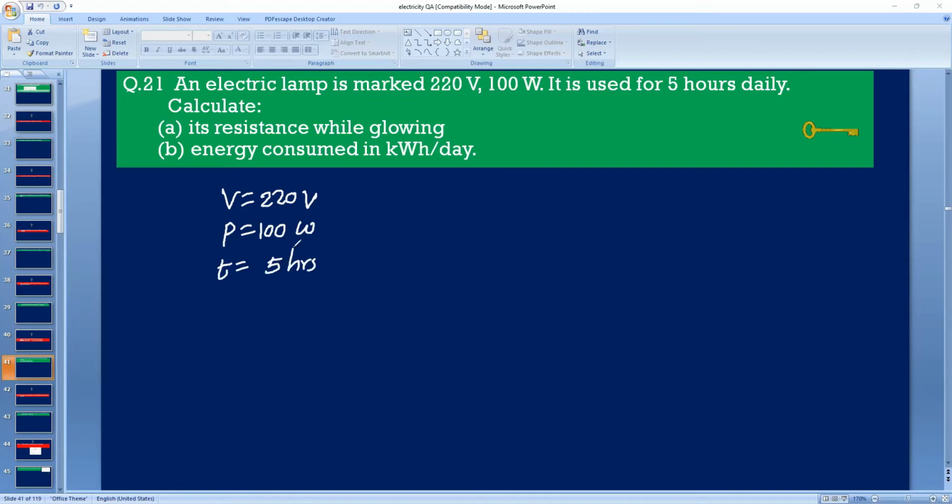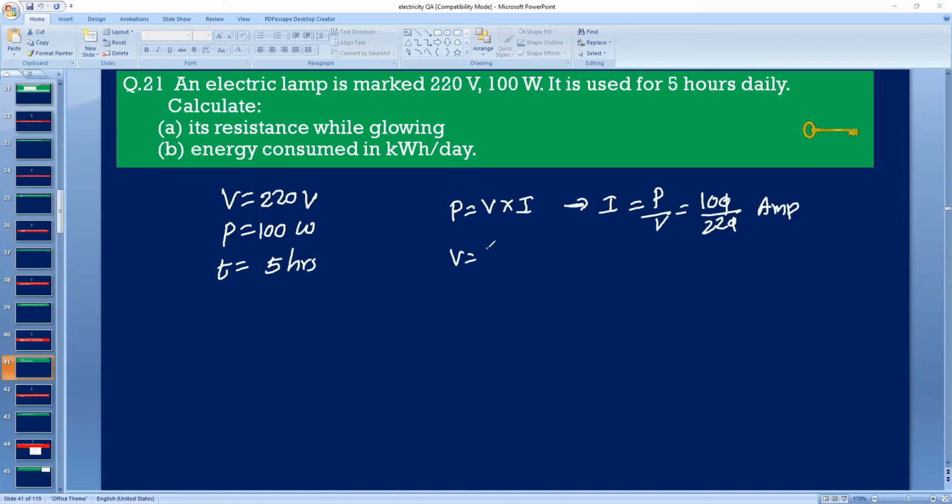Calculate the resistance. As you know that P is equal to V into I. From that electric current we can calculate initially P by V, which is 100 by 220, 10 by 22 amperes. We will solve it later.